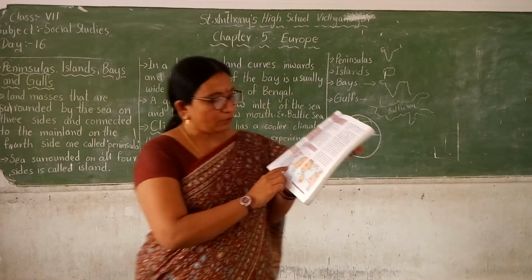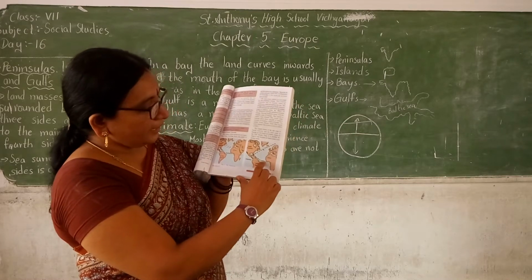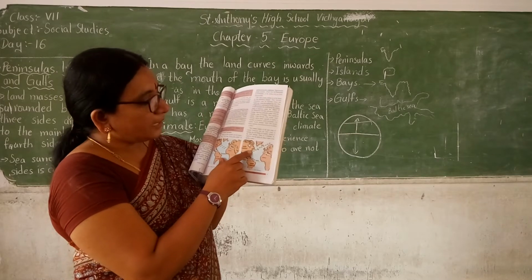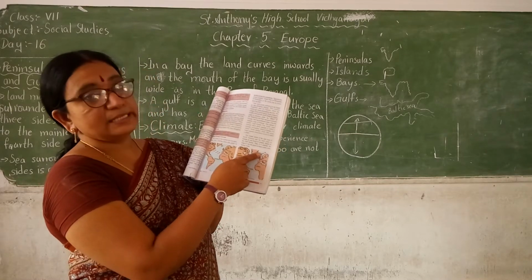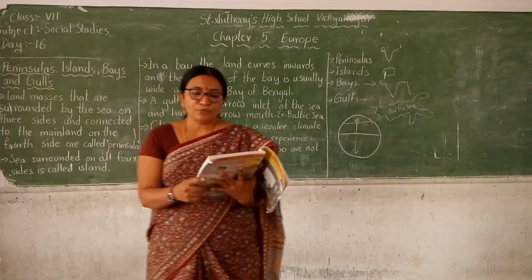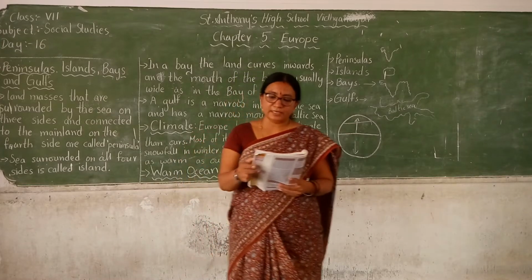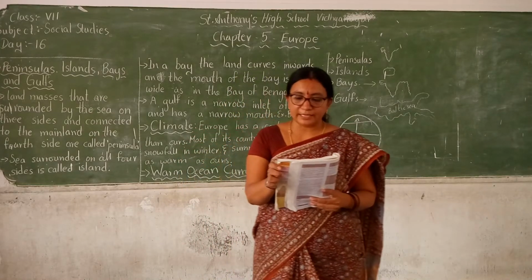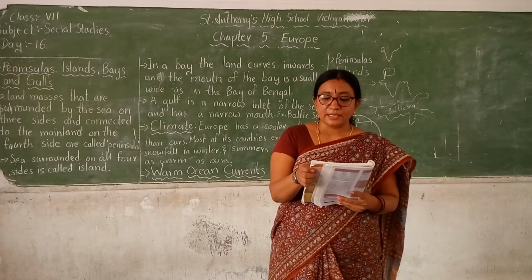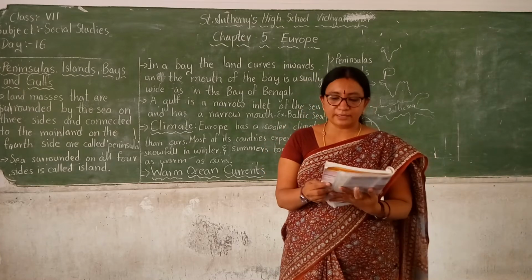The movement of these currents you can observe in this picture. From the equator they are moving towards the east of North America and then towards the Arctic region. So these are warm currents. One such ocean current is found in the Atlantic Ocean. These currents originate near the equator where the water is warm throughout the year.